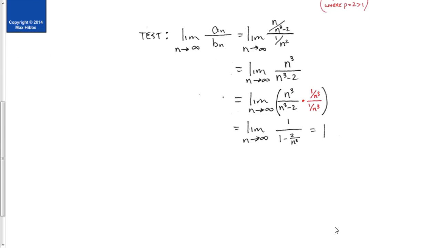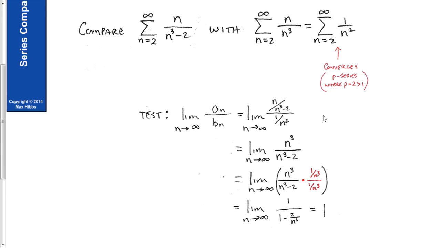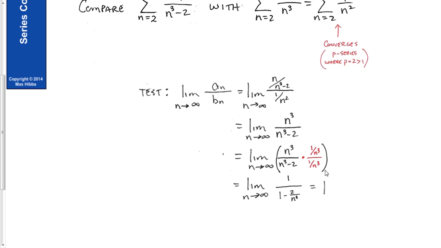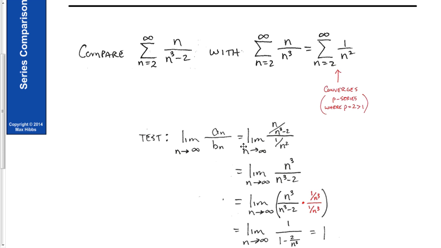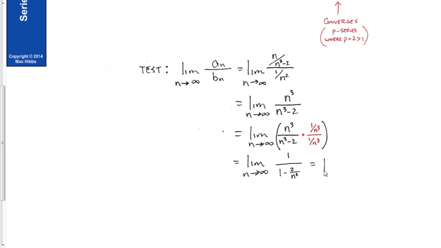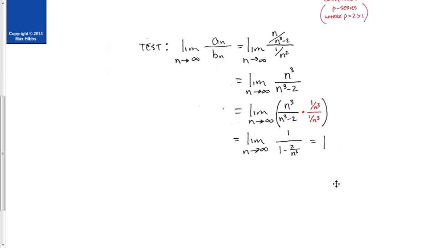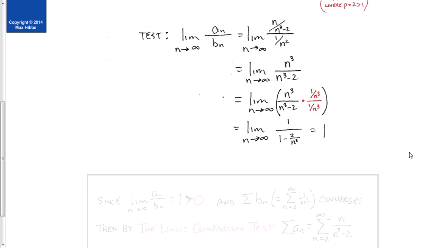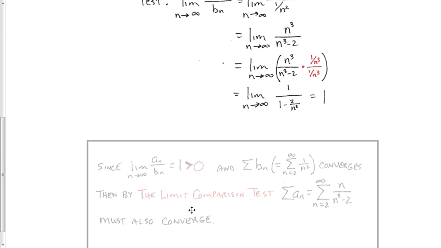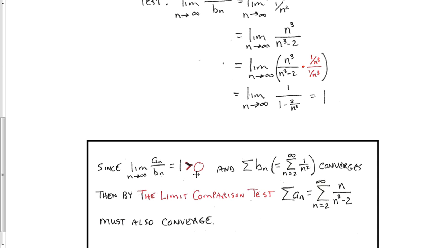Now, the significance is that this limit is a positive finite number. And if the limit of the ratio of the terms is a positive finite number, and all of the terms are positive in both series, then we can draw a conclusion. The limit of the ratio is 1, which is greater than 0, and it's finite.